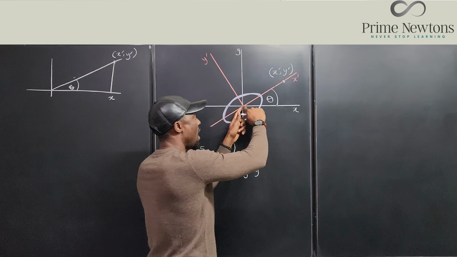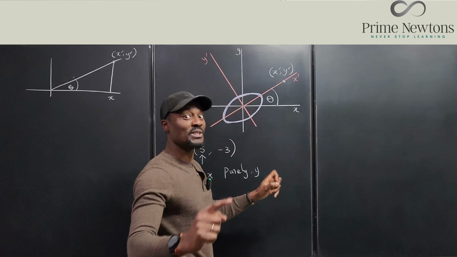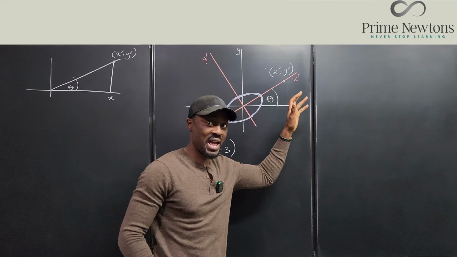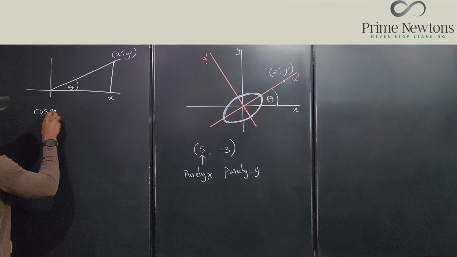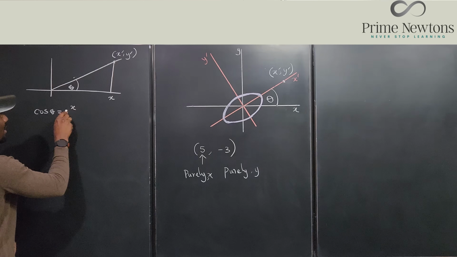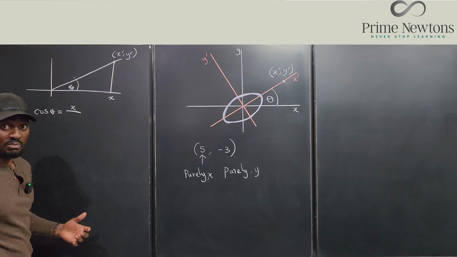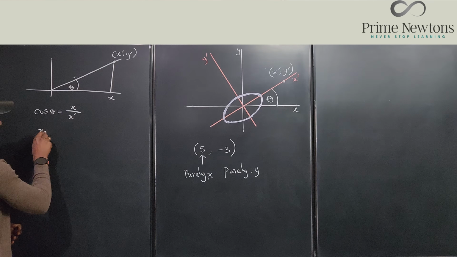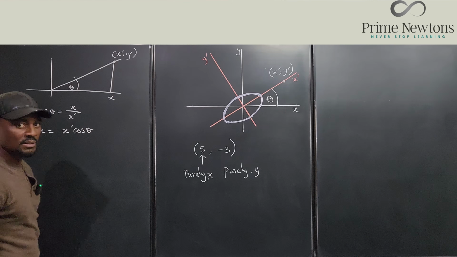Remember, this is how far x goes along this fake or rotated x-axis, right? We call it the x prime axis. So we can say that cosine theta is equal to x from here to here divided by from here to here, which is the hypotenuse, which is going to be x prime. So we know that x equals x prime cosine theta.